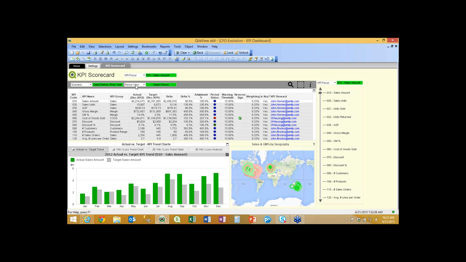But we may also want to look at that from a year-to-date perspective, quarter-to-date, down to week-to-date, and many different views. So in order that the scorecard supports those options, there's some data that's required in order to be able to do that different periodical analysis.